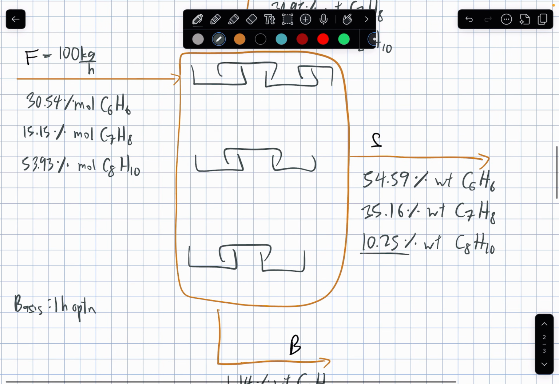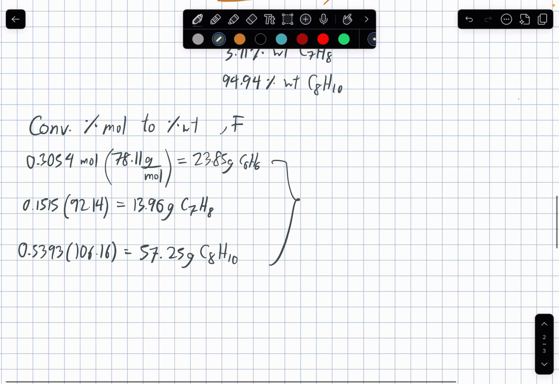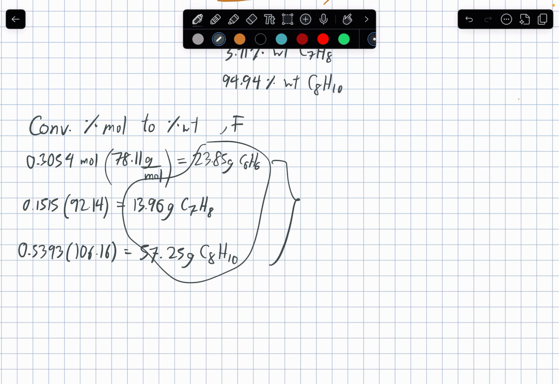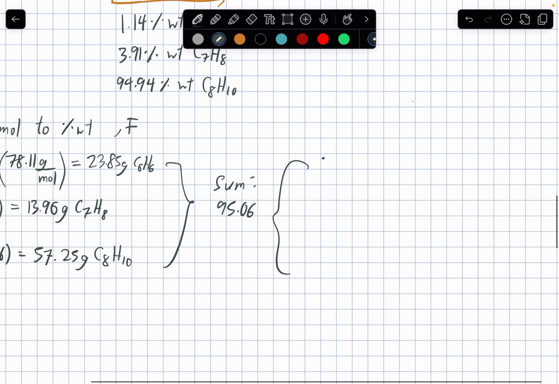If you add all of these mole percentages they equate to 100, but it doesn't mean that their corresponding mass versions also amount to 100. So let's see. 23.85 plus 13.96 plus 57.25. Their sum is 95.06. As you can see, it's not 100%. Let's convert them into mass fraction.